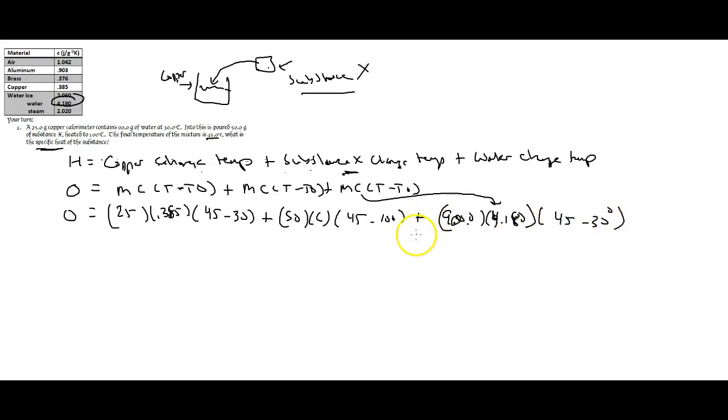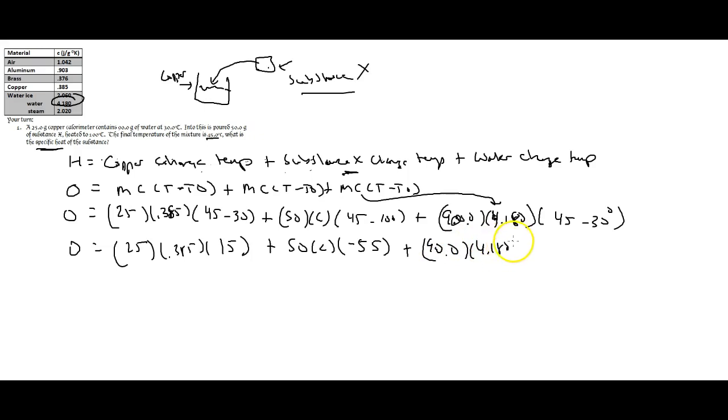The rest is just slam it in your calculator, right? So I would go: 0 equals 25 times 0.385 times 15, plus 50 times C times negative 55, plus 90 times 4.180 times 15.